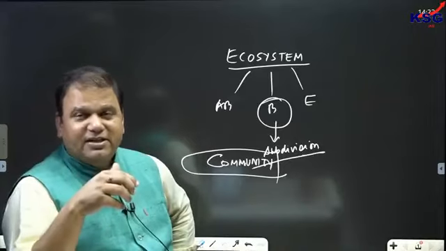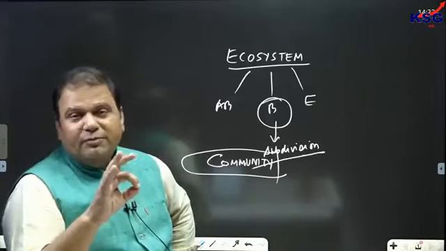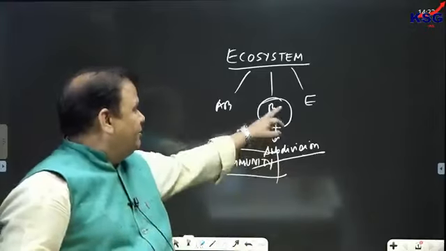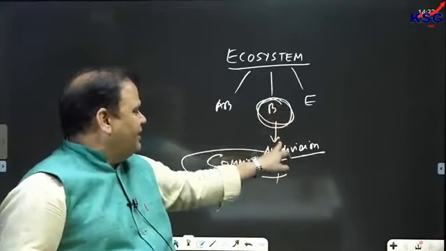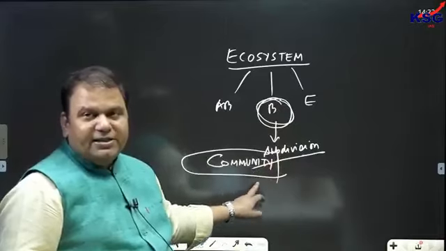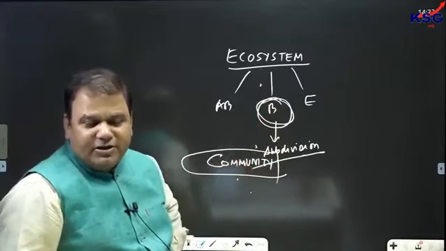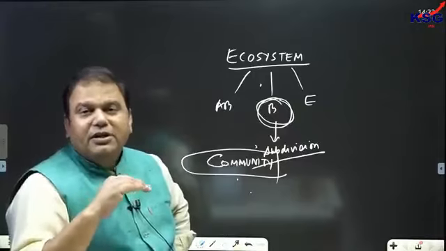So here we are saying that community is nothing but a biotic subdivision. We are taking the biotic component itself and making a subdivision. So the biotic subdivision of the ecosystem would be referred to as community.